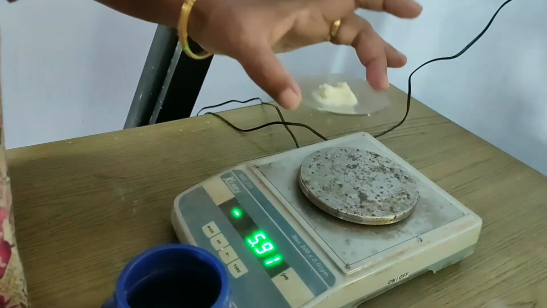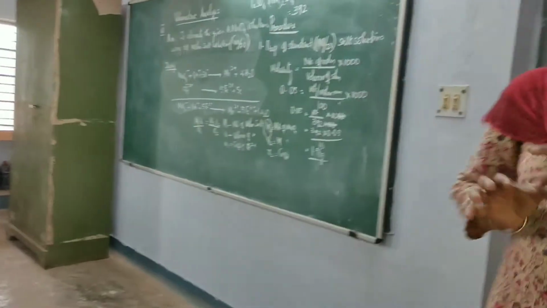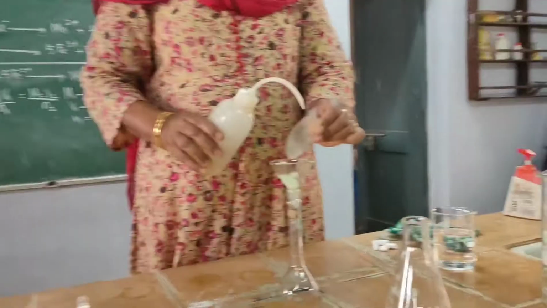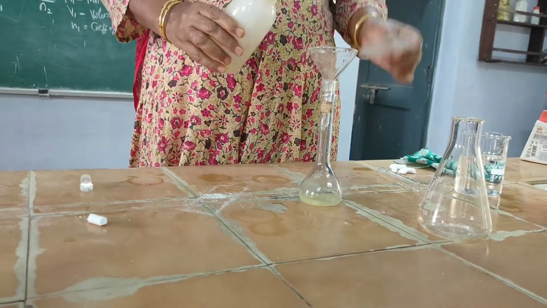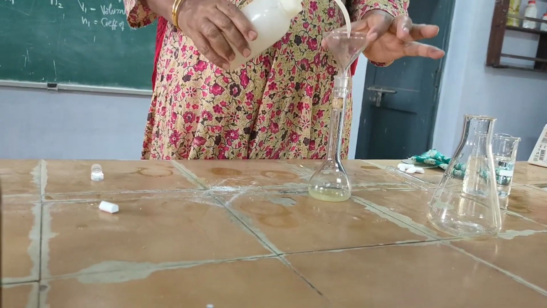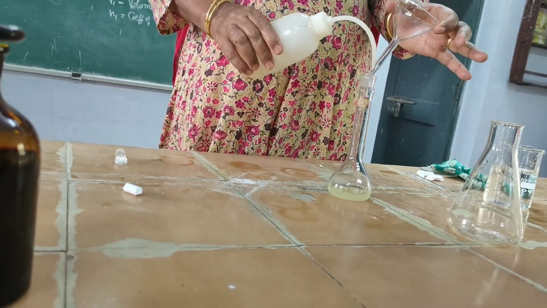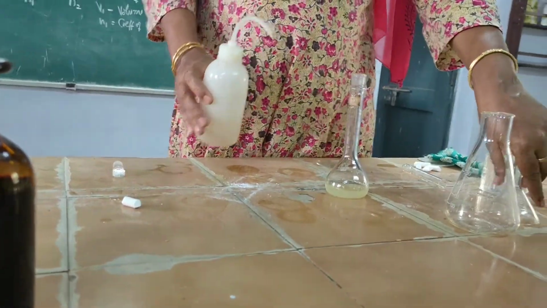So you take it, it is 1.96. Then we are going to transfer the contents to the funnel, then wash the sides of the funnel, then the tip of the funnel. Keep it there.